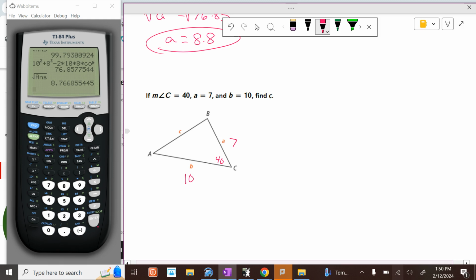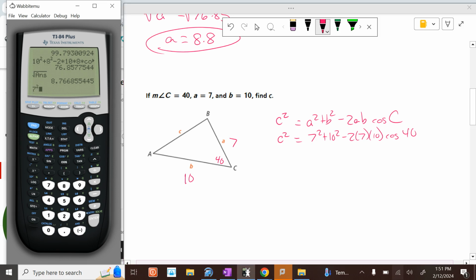Now, I want to find side C. That's the third one down on your formula sheet. C squared equals A squared plus B squared minus 2AB cosine of C. So C squared equals 7 squared plus 10 squared minus 2 times 7 times 10 cosine of 40. And you just type it into your calculator that way.